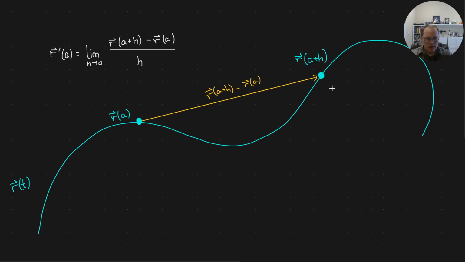Now we want to think about what happens to this vector, the numerator of this fraction, as we let h approach 0. If h is approaching 0, this point is going to go back along this path, getting closer and closer to the original point r of a.